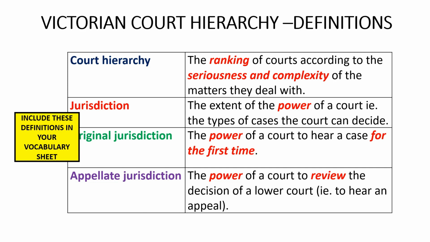This is an example of the Court of Appeal exercising appellate jurisdiction. The Court of Appeal reviewed the decision of the County Court and corrected the mistake made by the County Court, which was to decide an amount of damages that was too high.